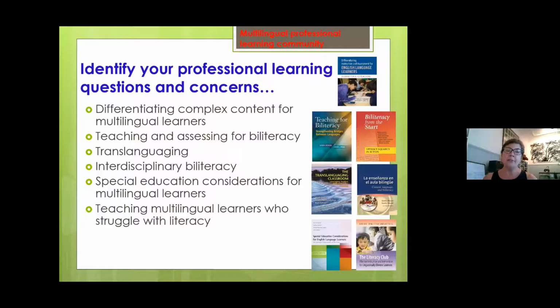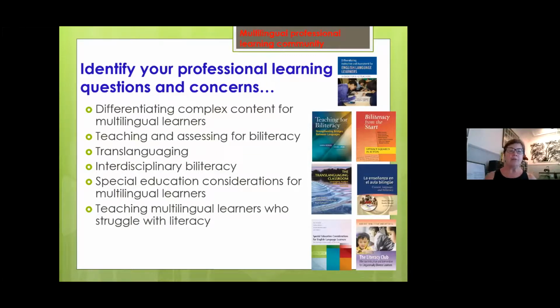Interdisciplinary Biliteracy is a new book coming out in the fall, and this one is in Spanish. I'm really excited about it. It's called La Enseñanza en el Aula Bilingüe, and it shows teachers how to create interdisciplinary units of instruction that focus on content, language, and biliteracy in bilingual programs, primarily in Spanish, but using both languages side by side.